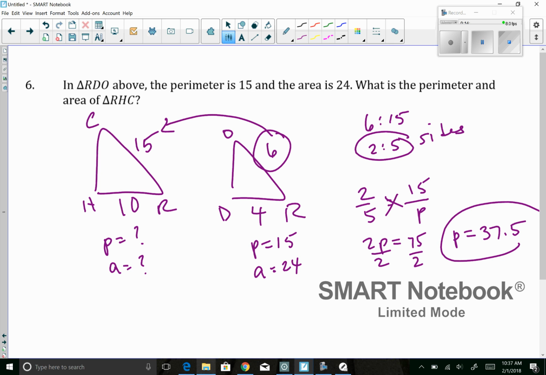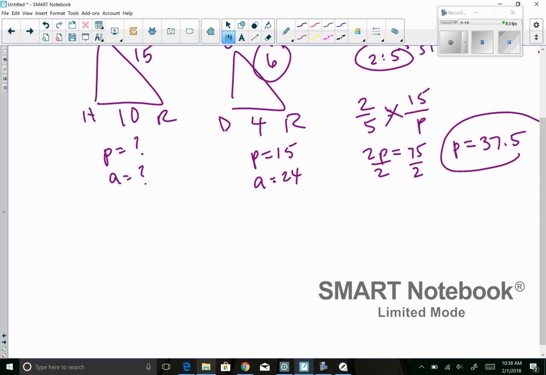So because the ratio for the perimeters is 2 to 5, the areas ratio is going to become 2 squared, 5 squared, or 4 to 25.